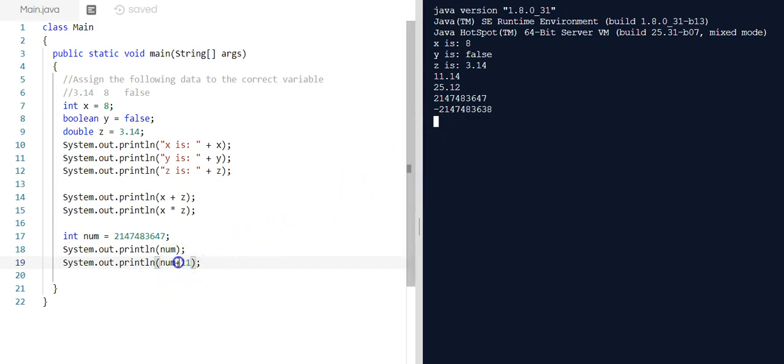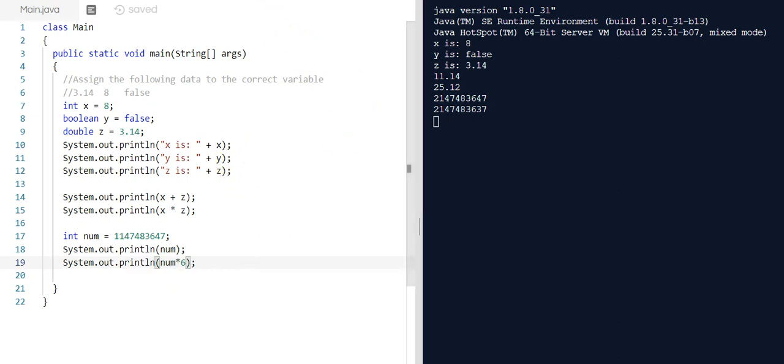Like if I multiply this largest integer in existence by 11, sure, it's going to wrap, but it's going to wrap all the way around. Let's multiply a number that's a little bit smaller. Let's take 1 million and something and multiply it by 6.